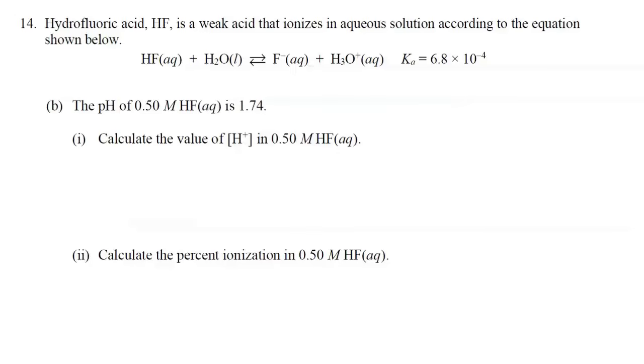The pH of 0.50 molar hydrofluoric acid is 1.74. Calculate the value of the concentration of H+ in 0.50 molar hydrofluoric acid. Since we are given the pH of this solution, and the pH is equal to the negative log of the concentration of H+, we're going to do the inverse of that procedure.